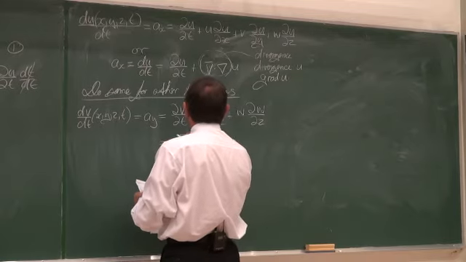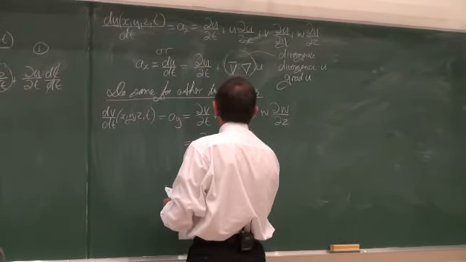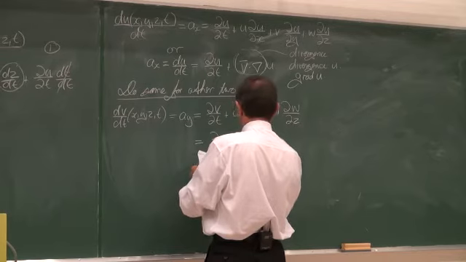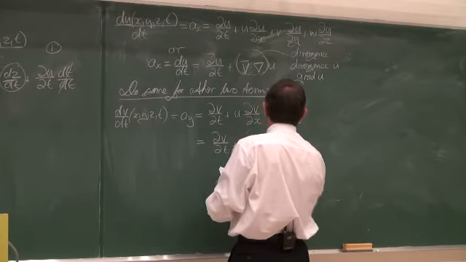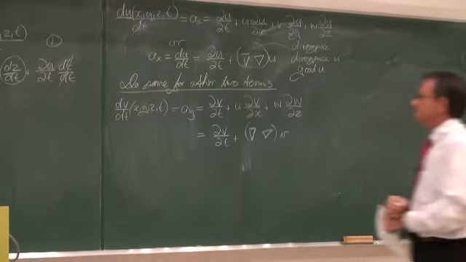Or we can say it is equal to the partial dv dt plus the gradient of v.